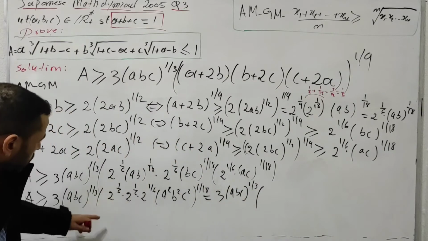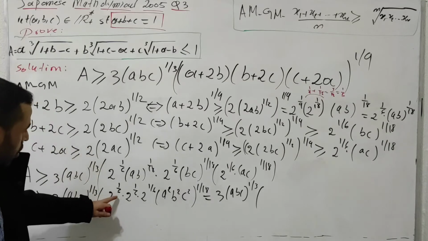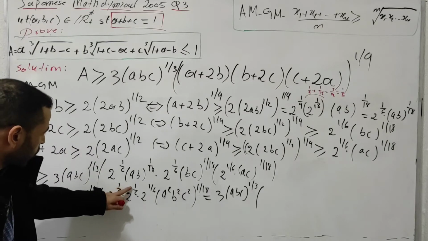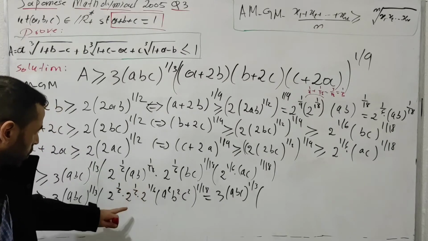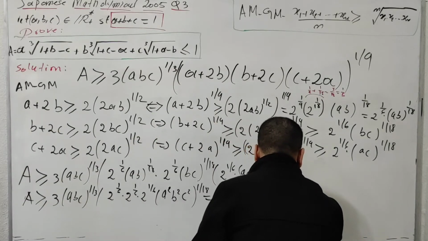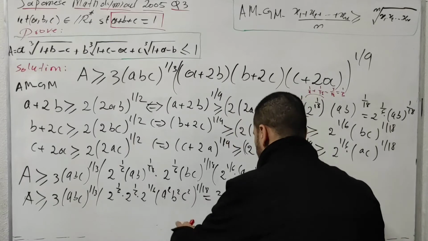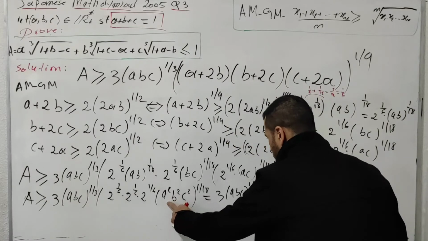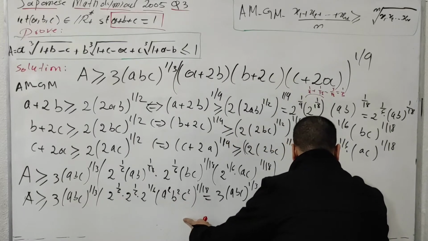So by putting this exponent together, I will get 2 to the 1 over 6 plus 1 over 6 plus 1 over 6, multiplied by this A squared ABC.